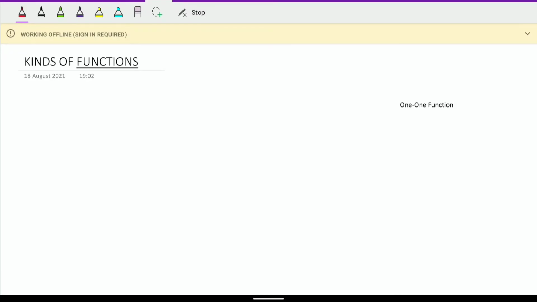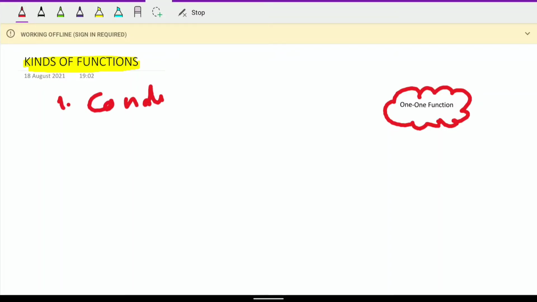Today I will discuss the kinds of function, and our main agenda is the one-one function. We have already learned what a function is and the conditions of a function.